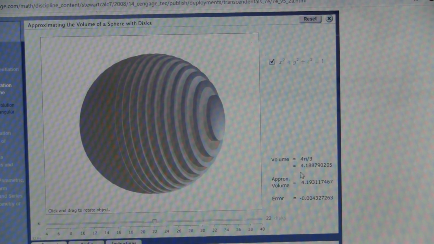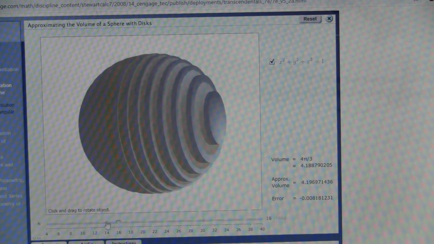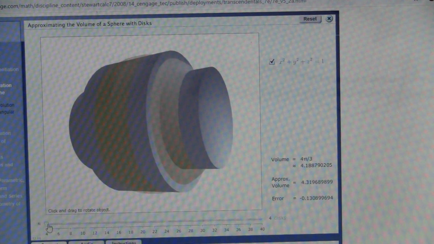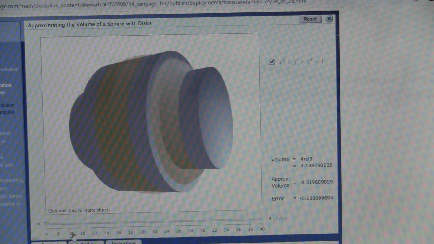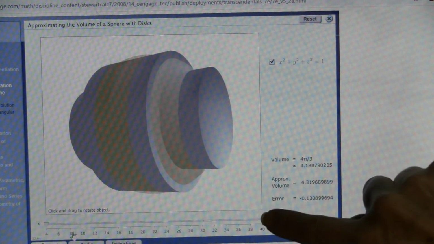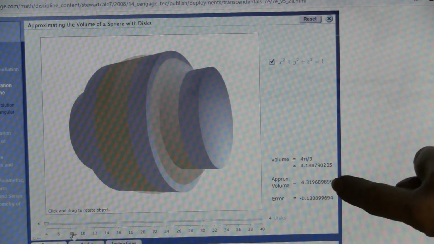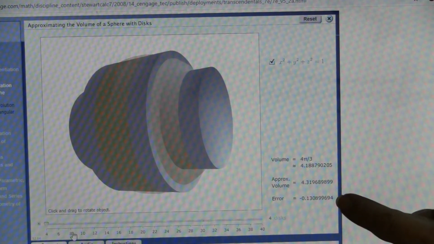They say what that volume approximately is, and then they show you what the approximate volume is by using how many discs to slice it up. If I didn't use very many discs, here it is with just 4 discs, then you can see that the approximation is more off, and this is the error.